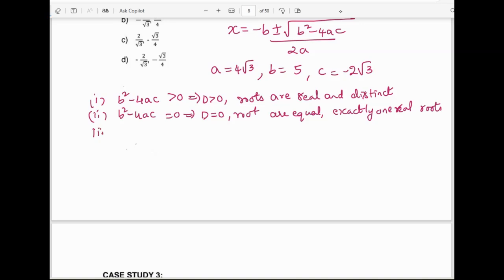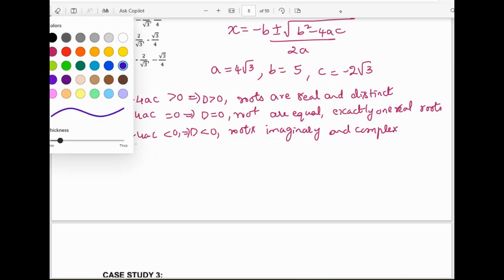Then in third one we have condition b square minus 4ac is less than 0, that implies d is less than 0, or roots are imaginary, its negative values and complex.